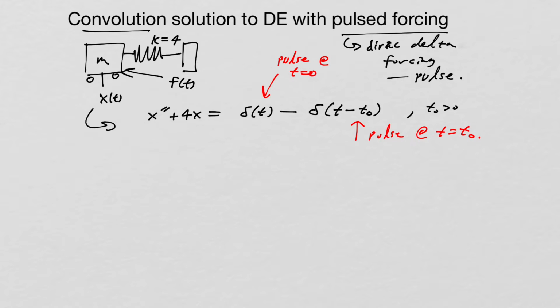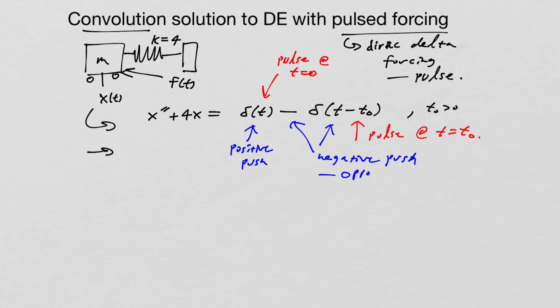The other thing I should say is that this is going to be a positive push, and here, this is going to be a negative push. So basically opposite direction.